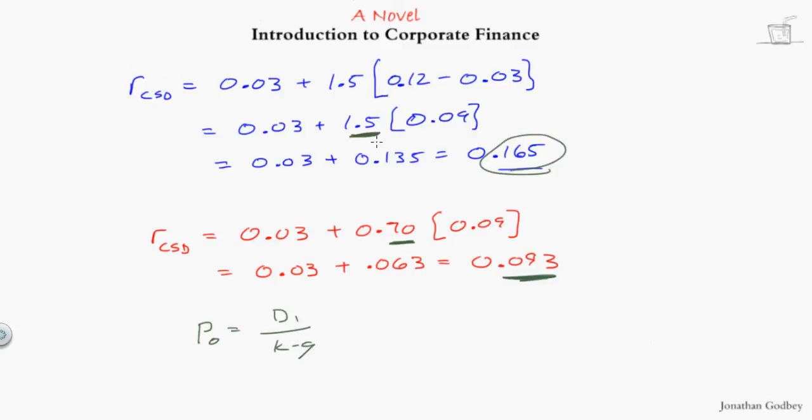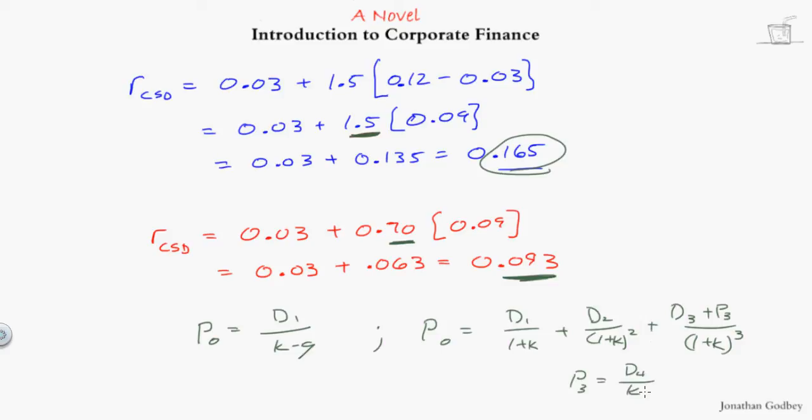And if it's a non-constant growth model, you have D1 over 1 plus K plus D2 over 1 plus K squared plus maybe D3 plus P3 over 1 plus K cubed, where P3 is equal to D4 over K minus G.